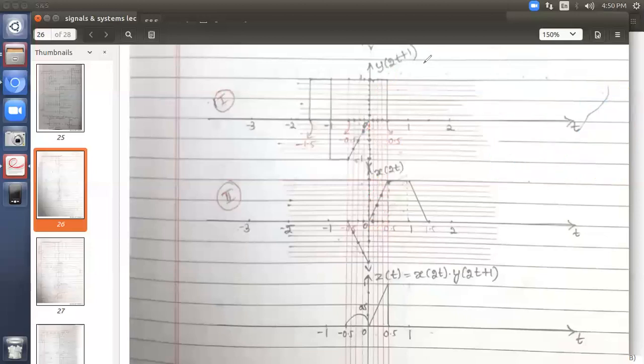Why I am asking is, here you have a pulse with the constant amplitude 1. If you observe this ramp, its amplitude is not constant, it is varying, right? Just remember how we used to write the unit ramp signal, r of t, equal to t.